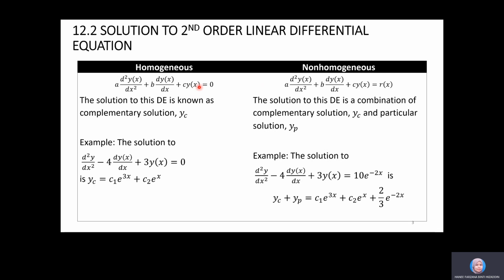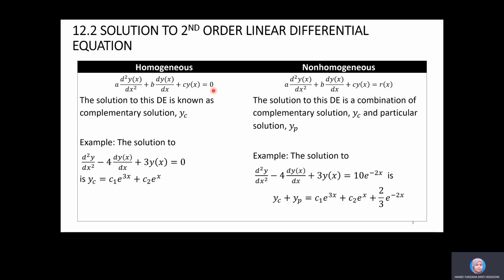In this case, y is the dependent variable and x is the independent variable. If you put everything containing y on the left-hand side, and the right-hand side contains only the independent variable and any constant, and it is equal to 0, then you say that this ODE is homogeneous.